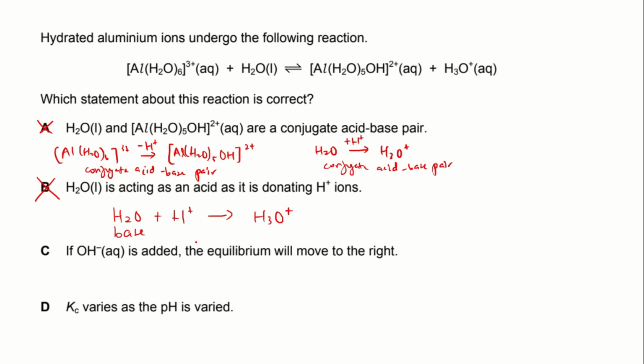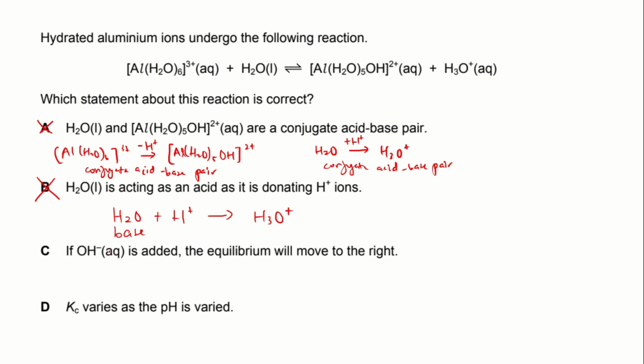C, if hydroxide ion is added, the equilibrium will move to the right. Now, inside this equilibrium, we have 4 different species, but only 3 of them are aqueous ions, so their concentration can be changed.